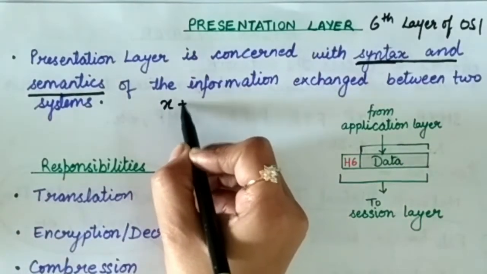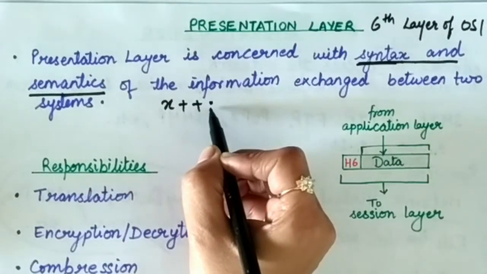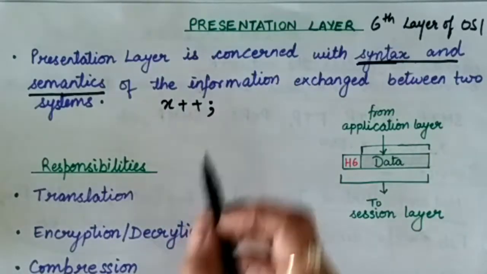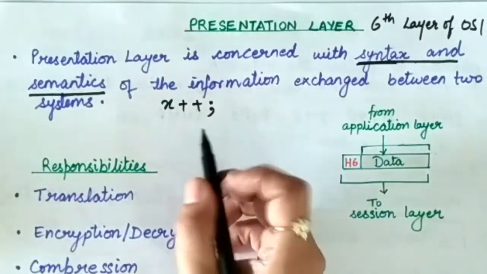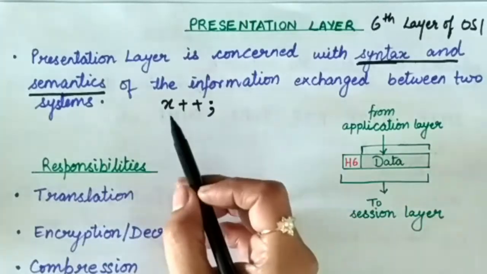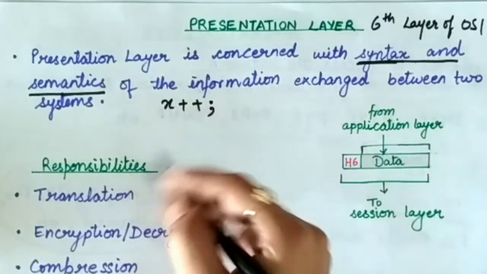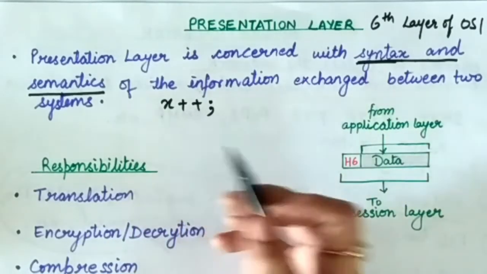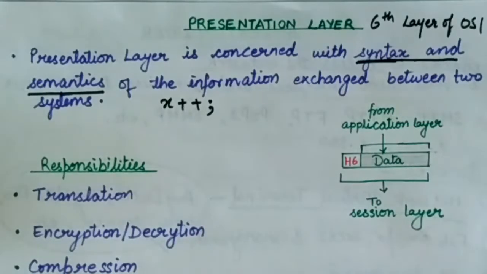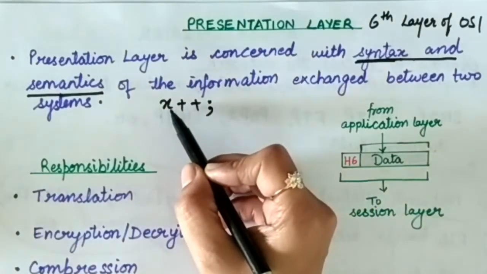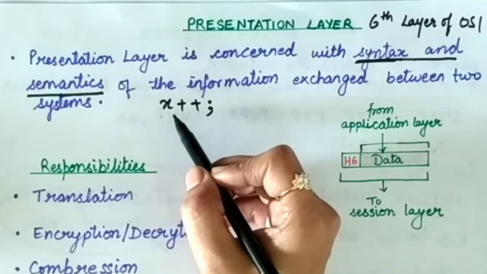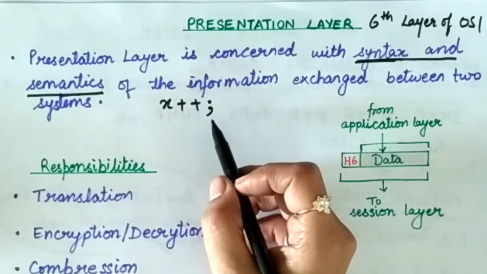Suppose I write x++; this statement is correct syntactically. Syntax is correct because there is one variable which is declared before, then the increment operator, and then the semicolon. If suppose this x is a float data type, then there will be an error.